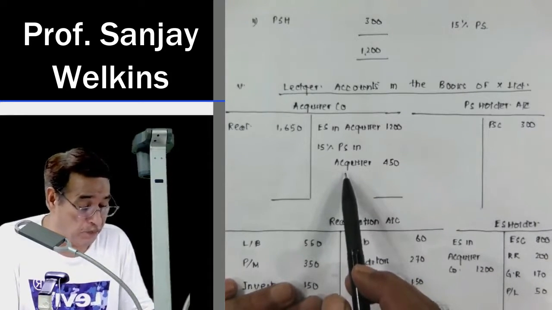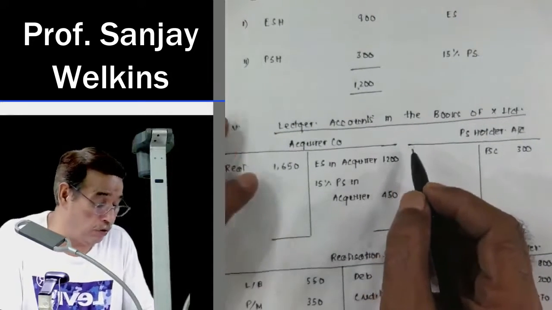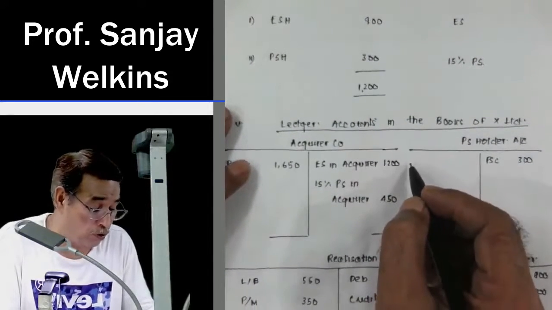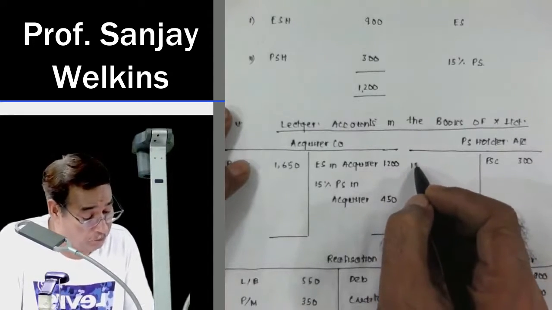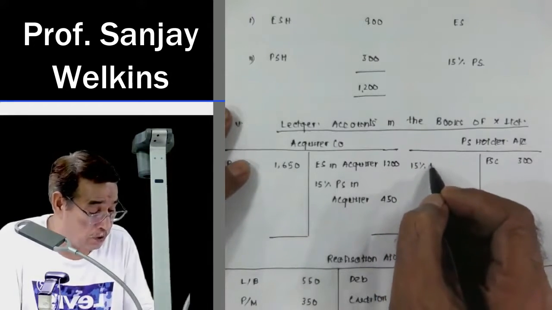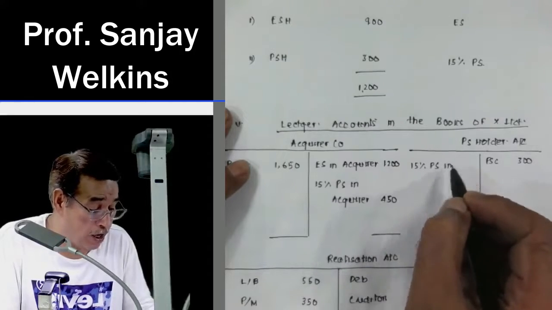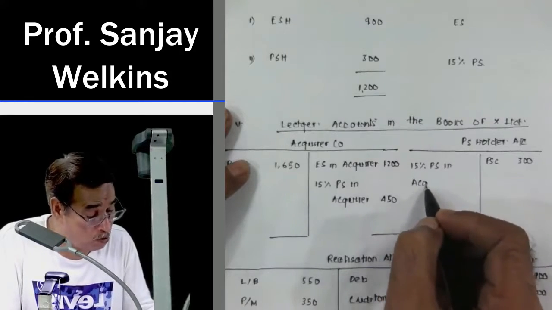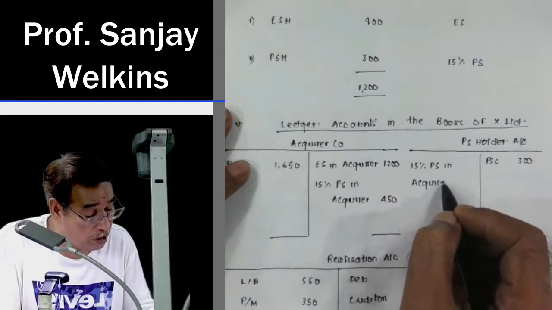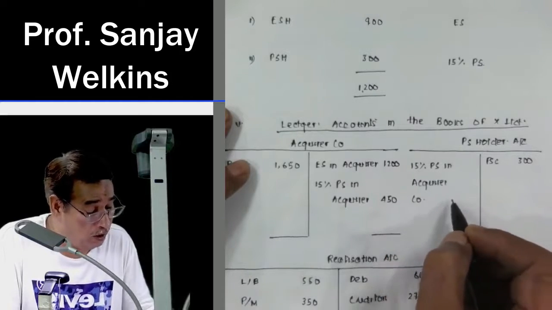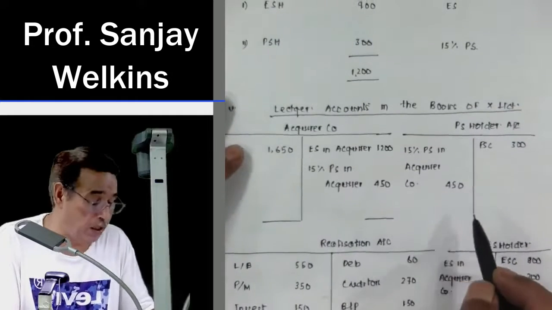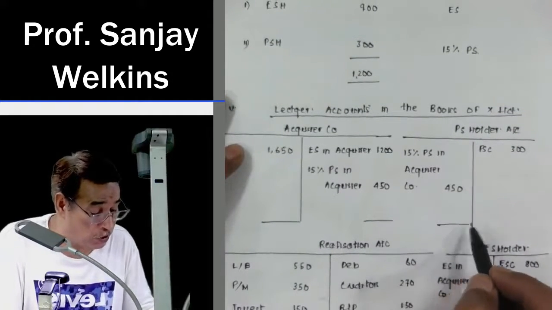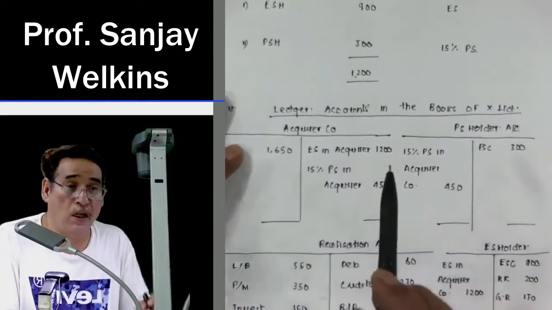Whatever 15% preference shares we received, we are going to transfer them to the preference shareholder because these shares are being given to the preference shareholders. 15% preference shares in acquirer company, 450.